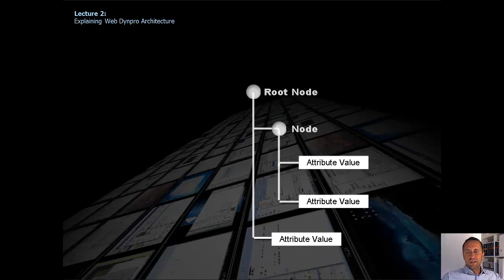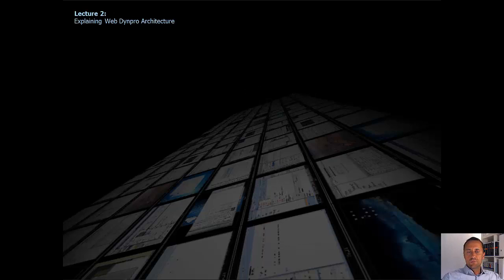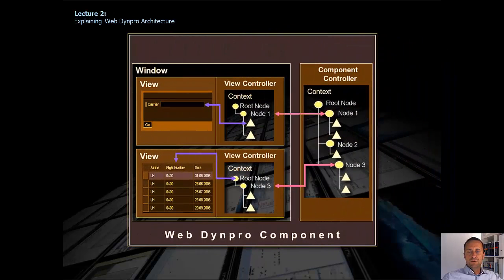Referencing the variables defined in a Dynpro controller from other Dynpro controllers is called context mapping. Context mapping allows you to share common data between different controllers. So copying this data between controller context is not necessary.